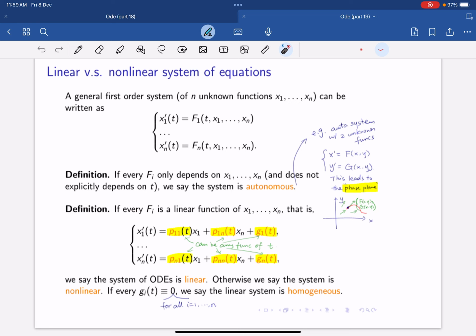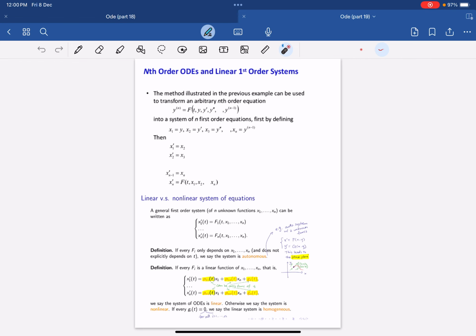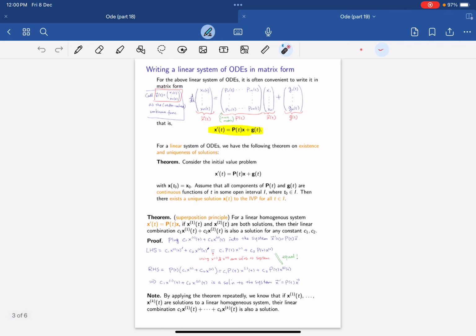And if every fi is a linear function of the x's, of this form, then we say that the ODE is linear. And if the g's, the terms that are functions of t only, are zero, then we say that the system is homogeneous, very similar to how we defined it for first order cases. The reason we went through so much first order is so that this portion can be built upon easily.